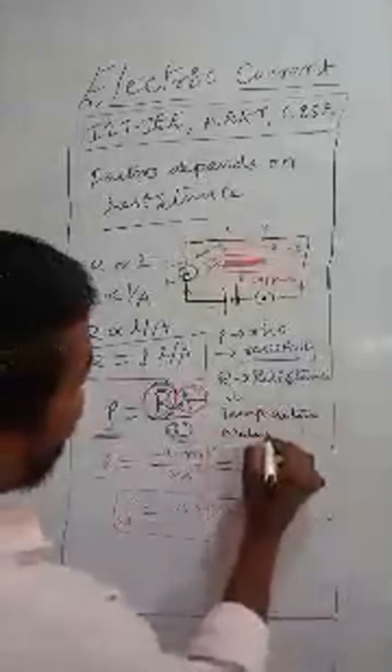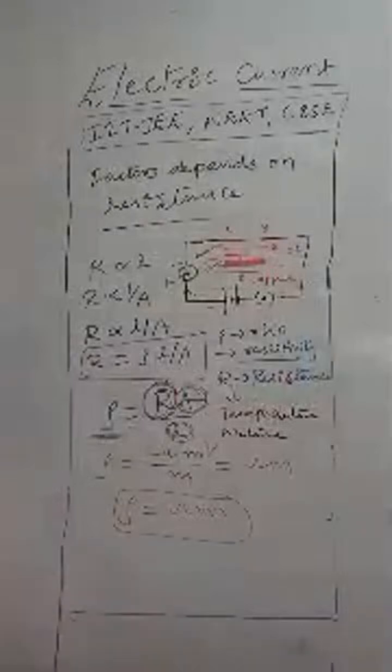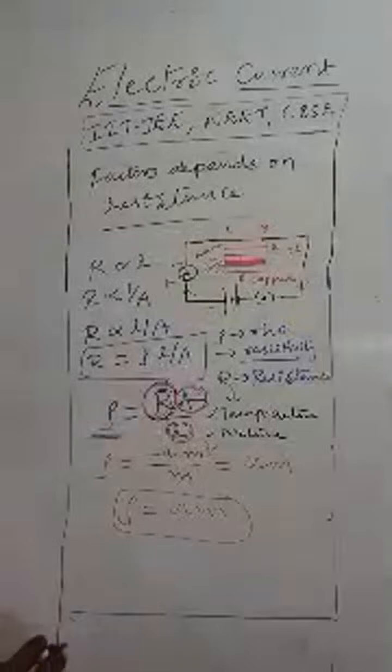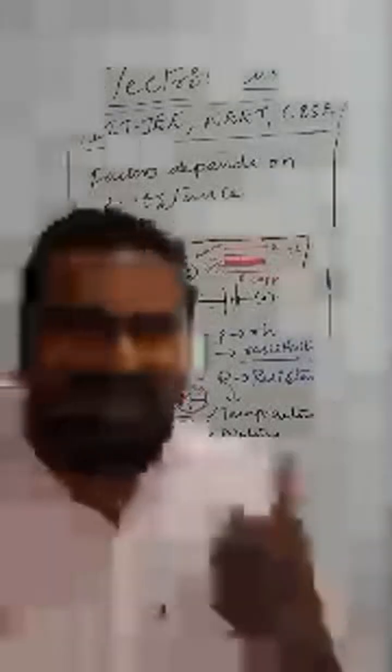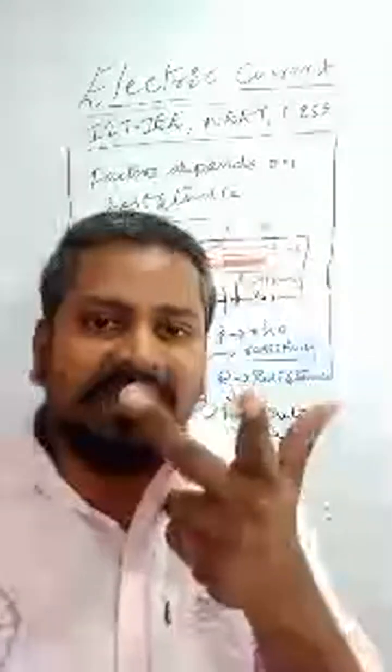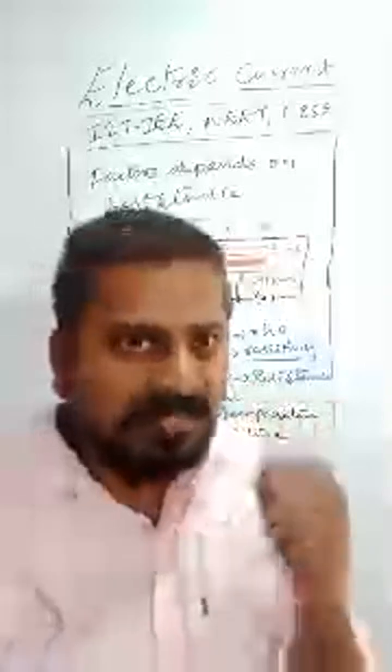Here we consider different materials, copper and nickel. So overall, resistance depends on length, area of cross section, temperature and nature of the material. Okay, so these are the points.